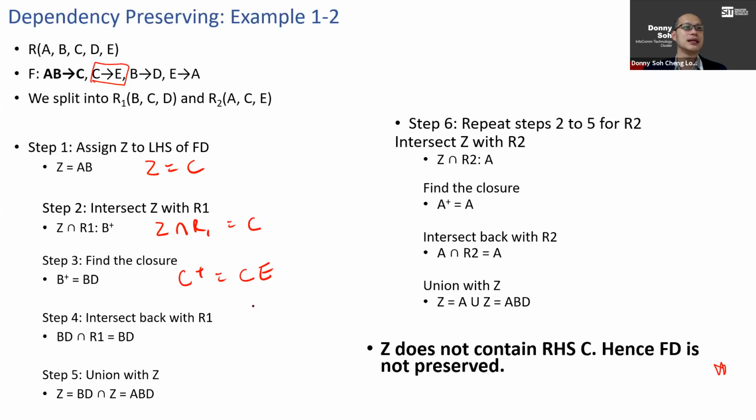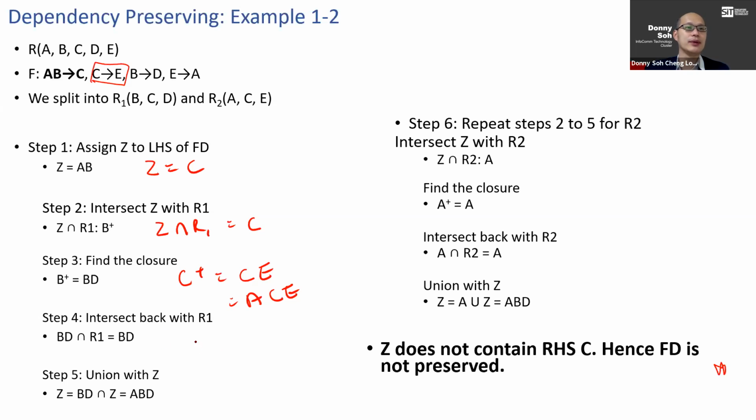So from now we see I'm actually not doing anything special. I'm just doing what is there. And C closure is equal to CE, equals to ACE. Is that all? I think that's all.